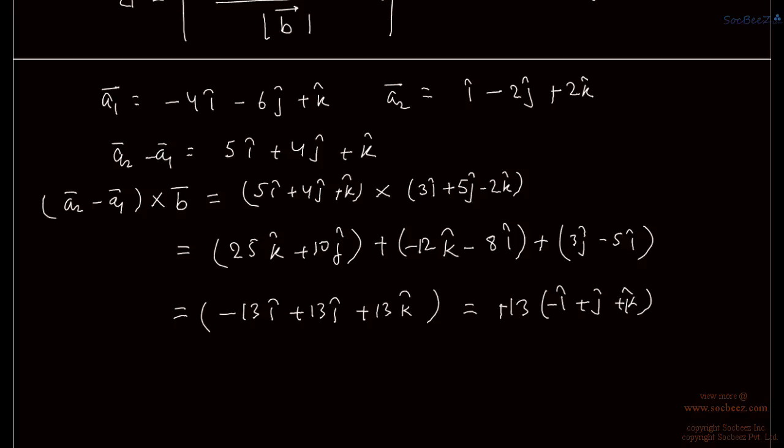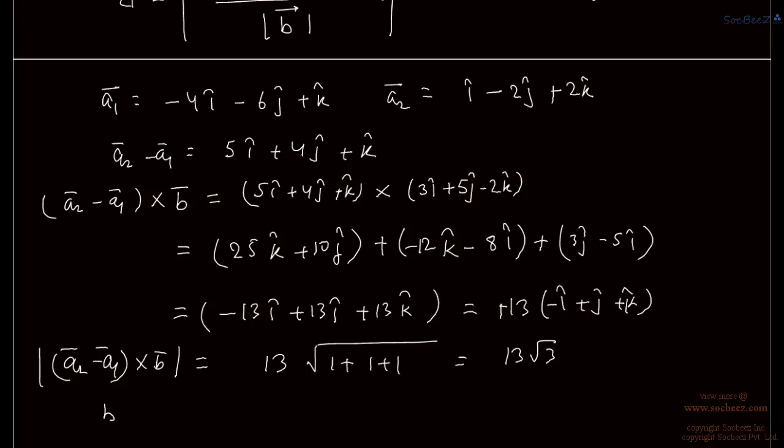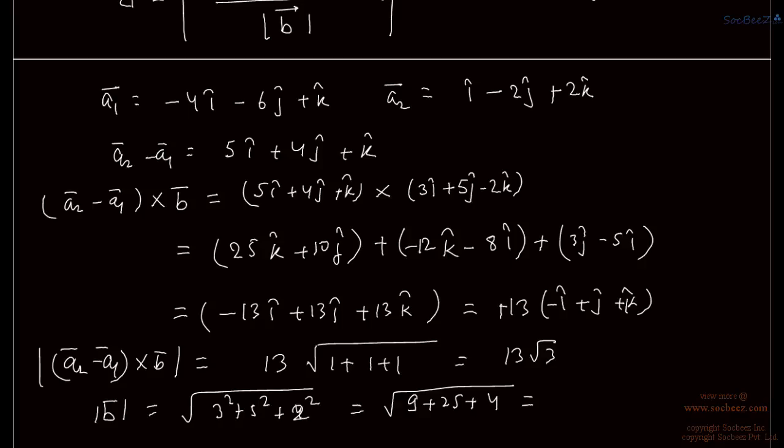So what is the magnitude of A2 minus A1 cross B? The magnitude of A2 minus A1 cross B vector is 13 times root under 1 plus 1 plus 1, which is 13 root 3, and the magnitude of B vector is root under 3 square plus 5 square plus 2 square, which is equal to 9 plus 25 plus 4, which is equal to 38, right?